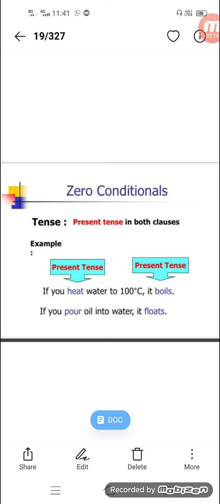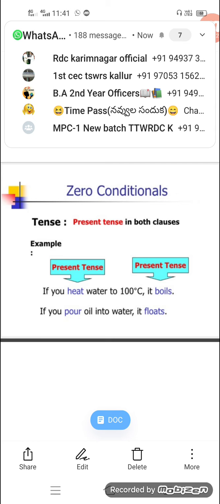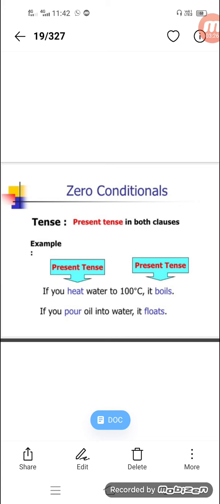Here the second part, simple present tense, shows that the action is a universal truth and a habitual action. Zero conditional deals with universal truth and habitual actions.